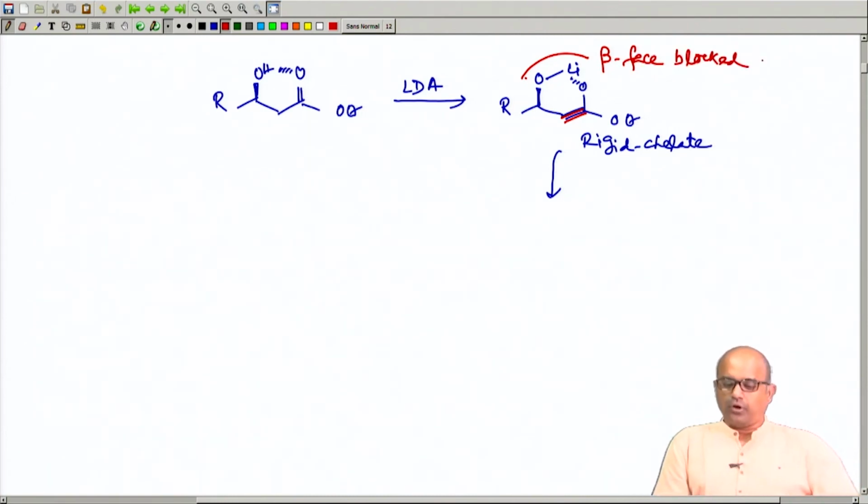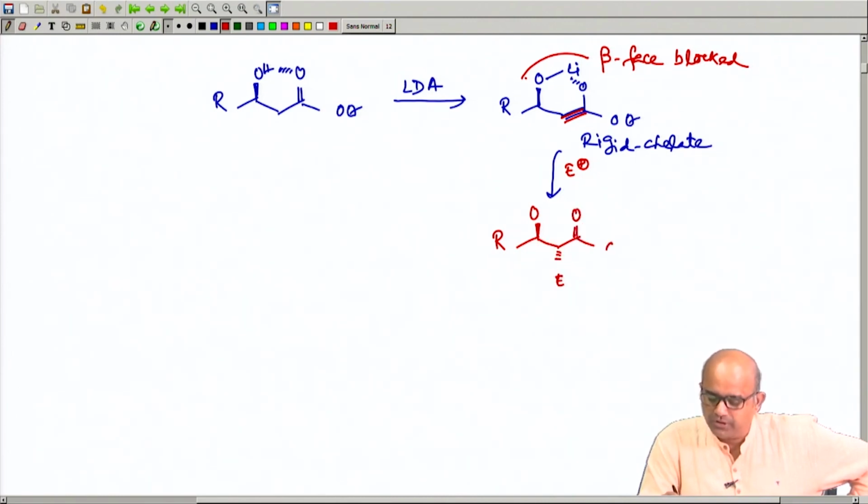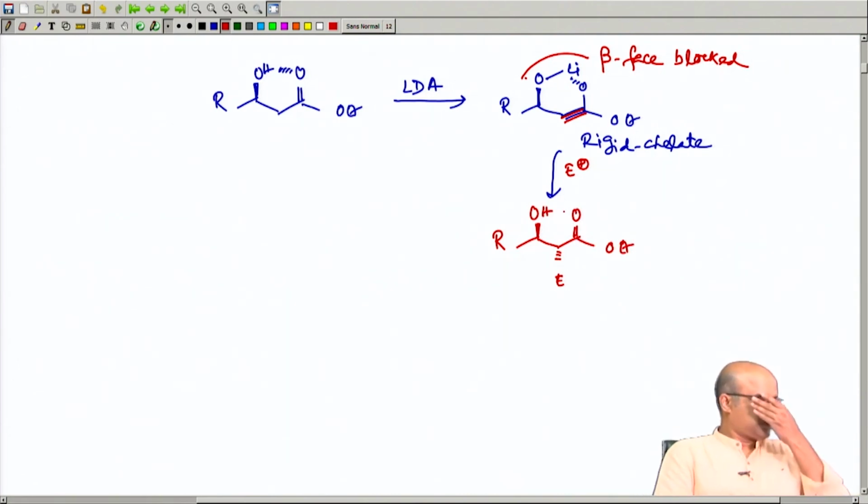As the beta face is blocked, you will find that the alpha face is the only accessible face, and now you react with the electrophile, and the electrophile will simply approach from the opposite face of the enolate, and you will get this one as the major product.